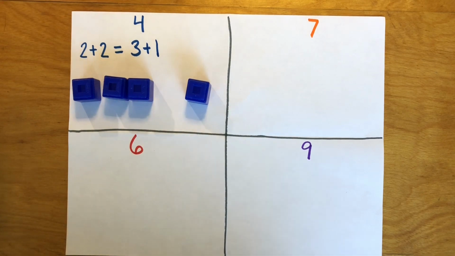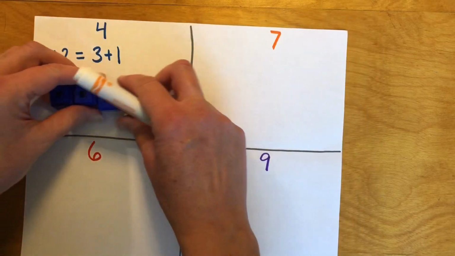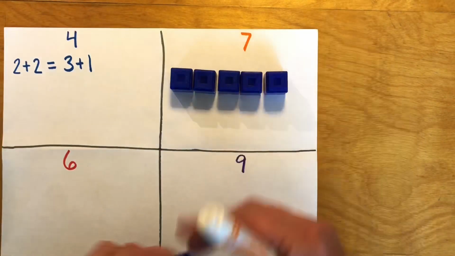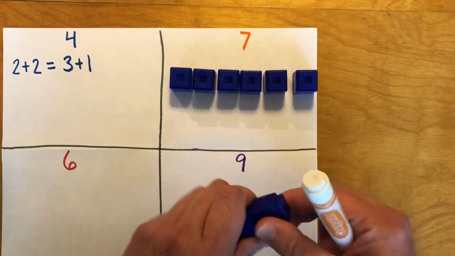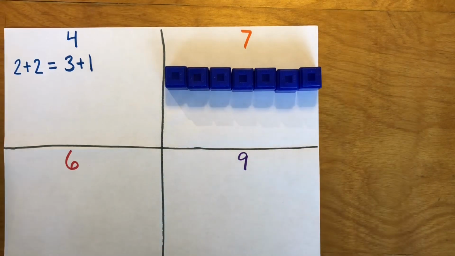All right, let's try another one. Let's go on to the 7. So here's 1, 2, 3, 4, 5, 6, 7. And let's think of some different ways we can write a number sentence for 7 or an addition sentence for 7.